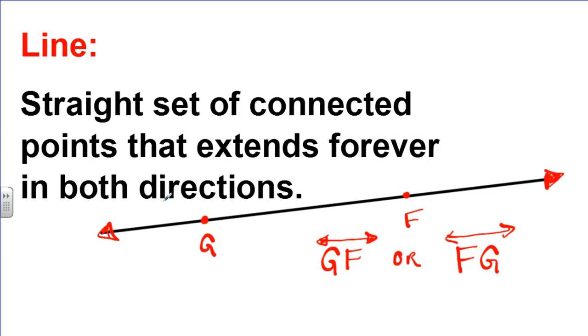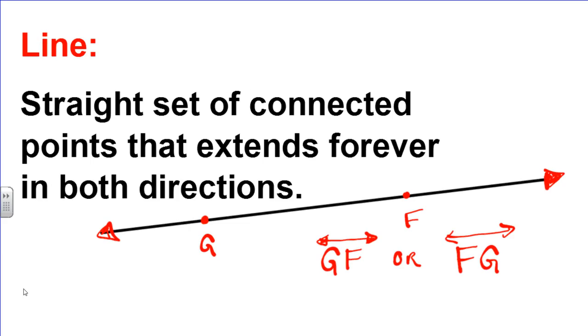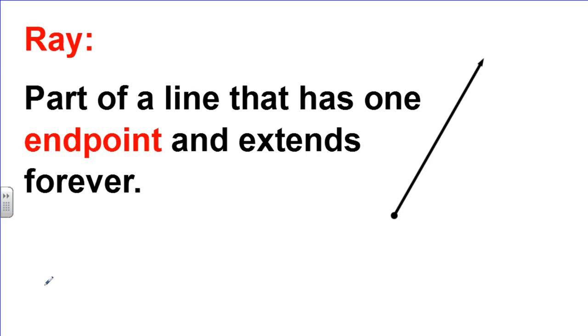If you cut off this line at one of these points, either F or G, you've created this thing called a ray. A ray is part of a line, but it extends simply in one direction and has one endpoint. So it extends forever, but only in one direction. So let's pretend that this line was cut off at G, but it still went through point F. I would name this ray GF.